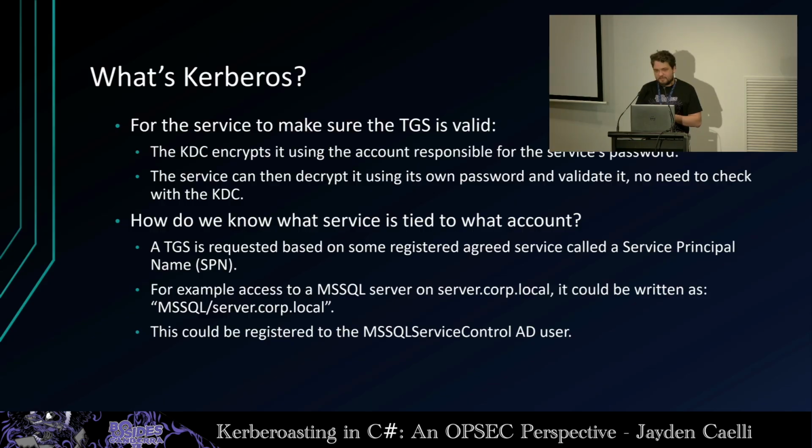The service principal name could be written as mssql/server.corp.local, saying the service is MS SQL, it is located on server.corp.local. This SPN would then be assigned to a particular account. For example, we could assign it to the MS SQL service control user.